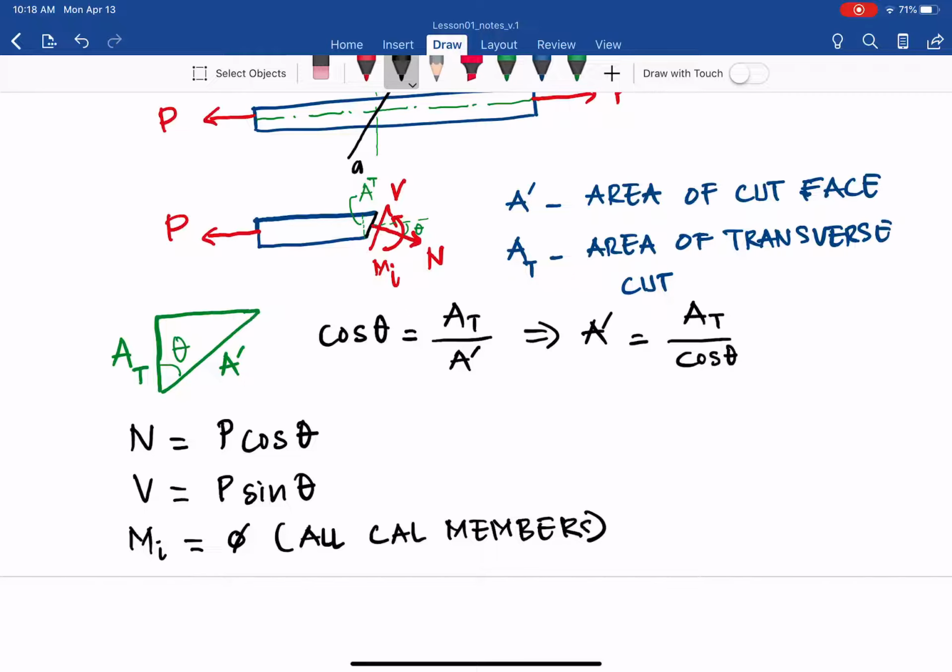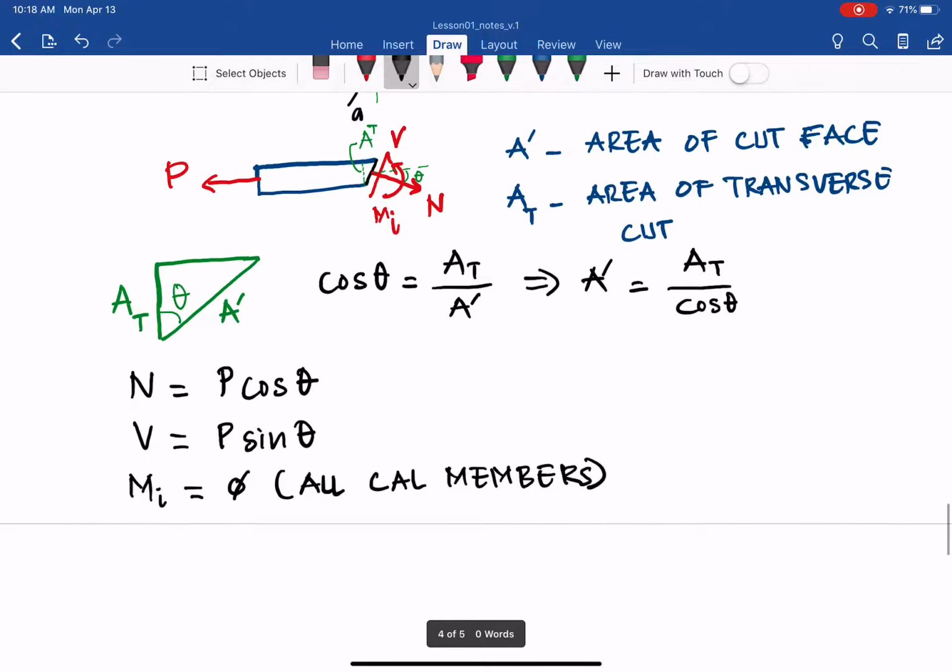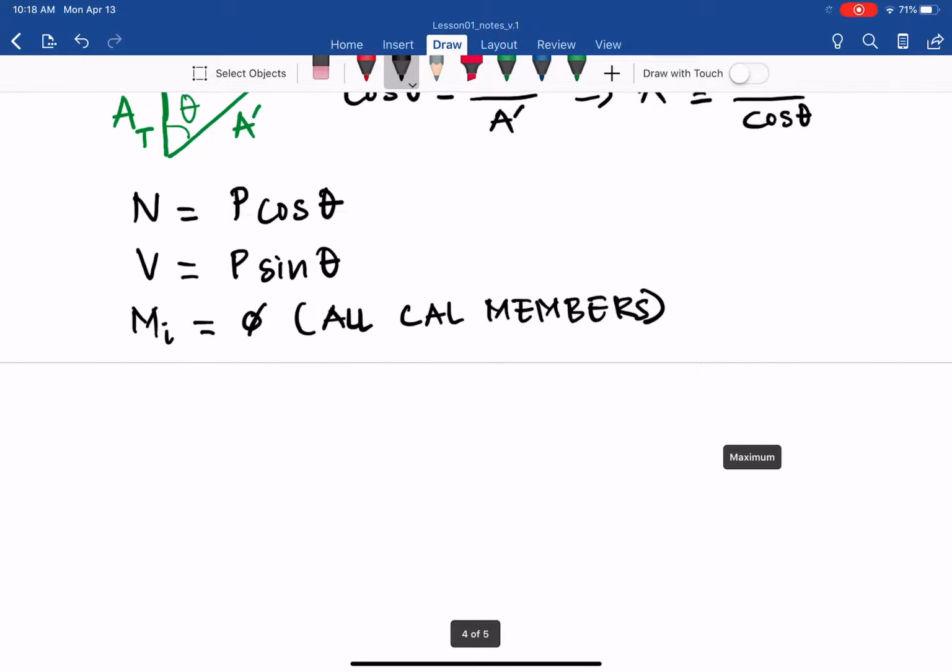But if we make a cut other than the transverse cut, we have normal force and shear force. As we already know, the normal force creates the normal stress, and the shear force creates shear stress. So in this case, we have both normal and shear stress.